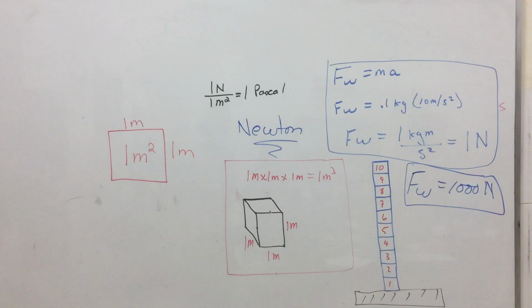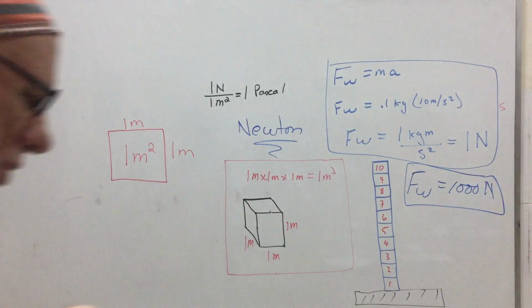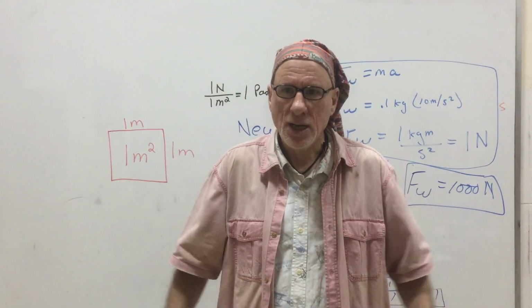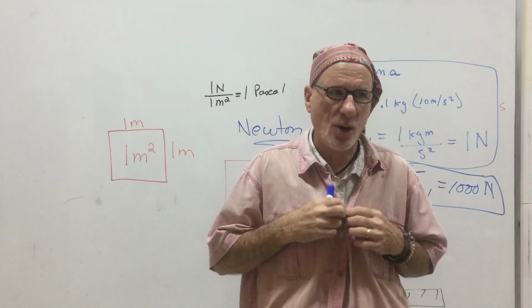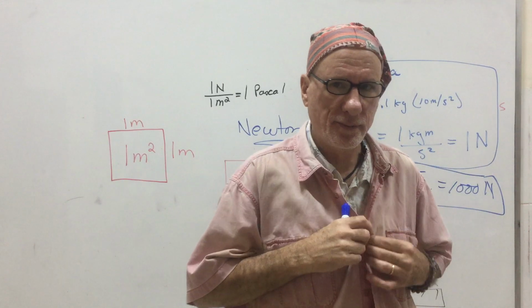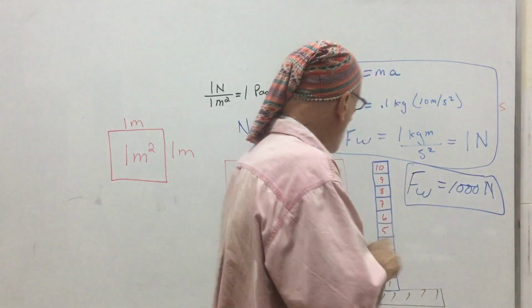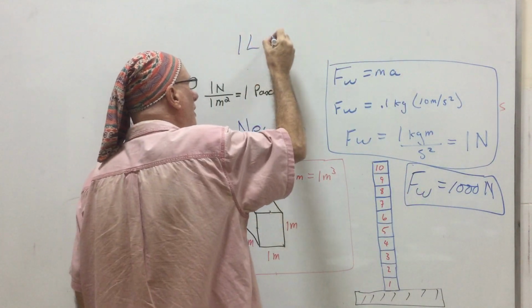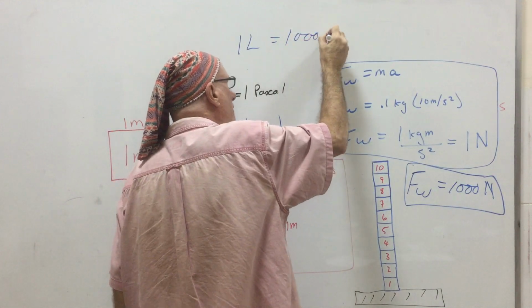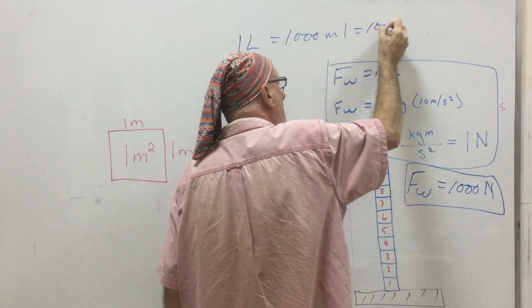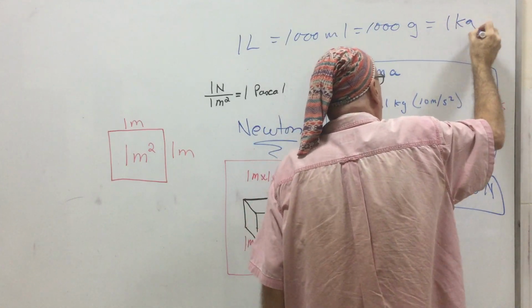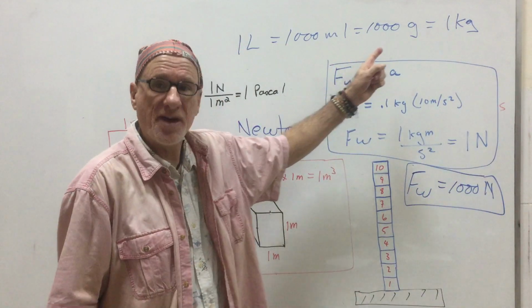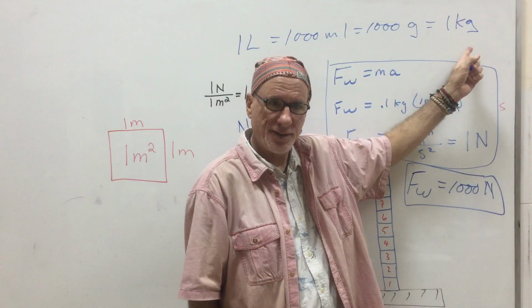Okay. If we fill that with water, I'm going to be able to fit in there 1,000 liters of water. Correct? 1 liter equals 1,000 milliliters equals 1,000 grams equals 1 kilogram. So it's going to be 1,000 kilograms, correct?